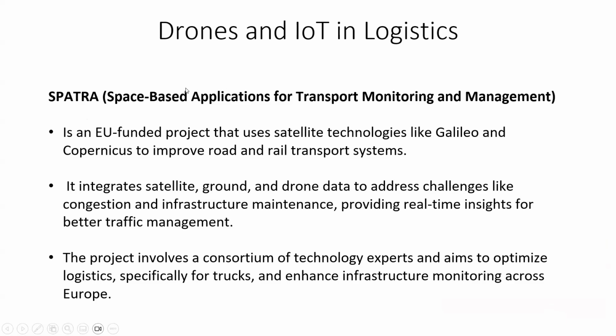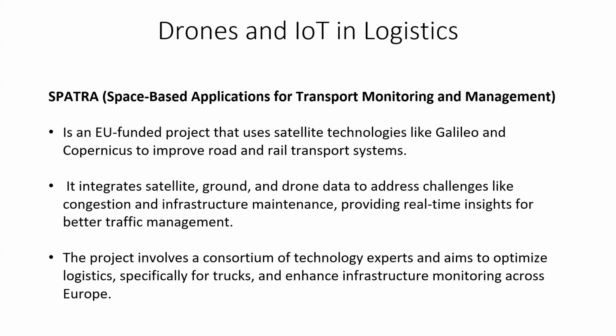In the last section, we are going to discuss a little further what we saw so far. SPATRA is one of the most important Horizon projects nowadays. It's an EU-funded project. We use satellite technology like Galileo and Copernicus to improve the transportation system.